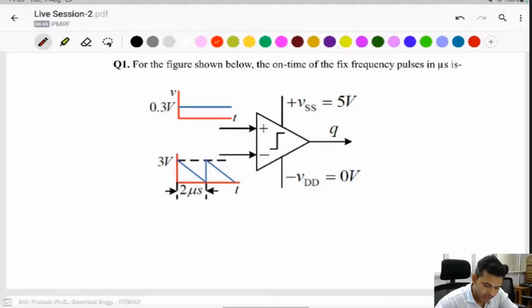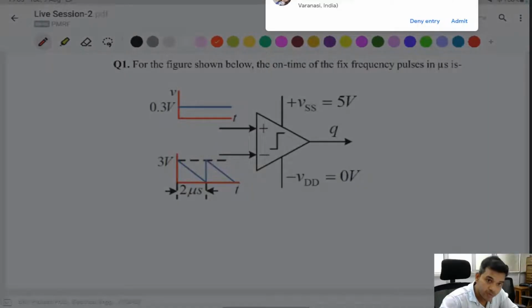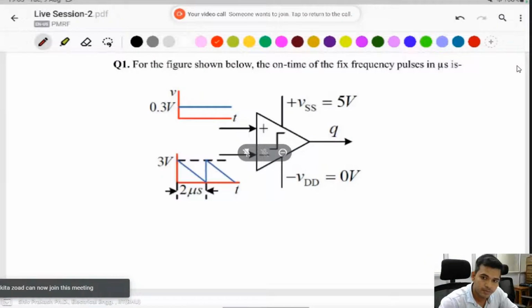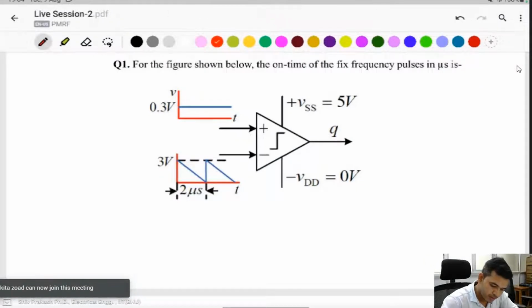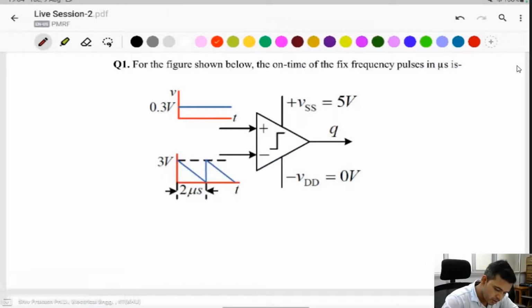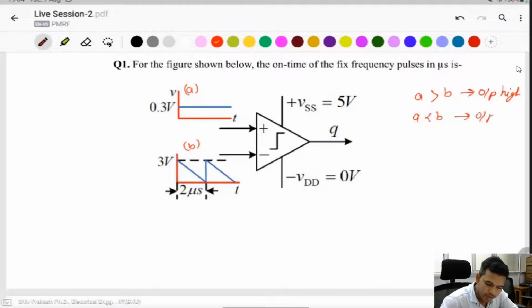When the modulation signal is greater than the reference signal, the output is high. Let's take this one A, this one B. If A is greater than B, then output is high. If less than B, then output is low.